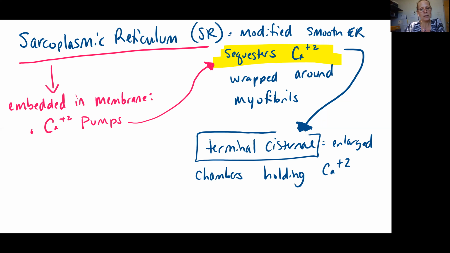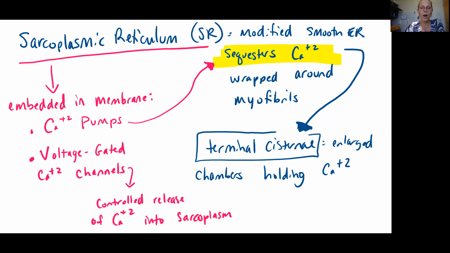We need to pay attention to the fact that in order for the sarcoplasmic reticulum to actually sequester the calcium, it has to have the ability to pump it out of the sarcoplasm and then stick it into those terminal cisternae. And so embedded in the membrane of the SR, you have calcium pumps. We're also going to see embedded in the SR voltage-gated calcium channels, and these are going to control the release of calcium.